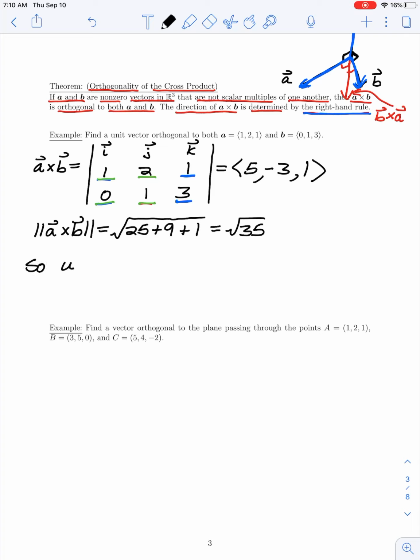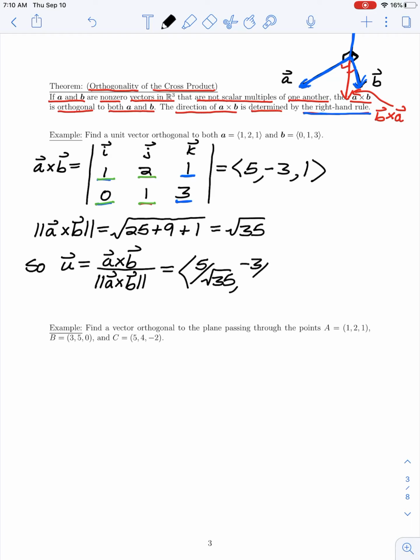So a unit vector, u, which would be orthogonal to both a and b, could be found by taking the vector that points in the direction of a cross b and then dividing by its magnitude, or really multiplying by 1 over its magnitude. So the first component of that vector would be 5 over the square root of 35.